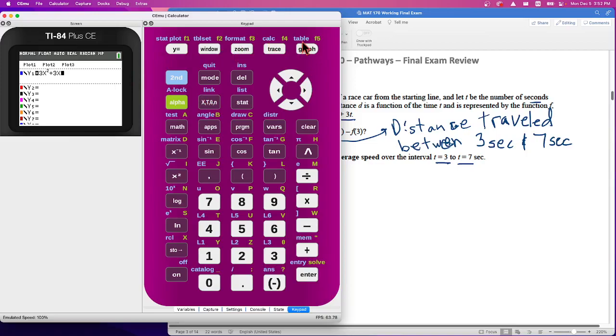What I'm going to do is take a look at the table. So second table, that's what comes up here. And I need to find out when, come down here when t is 3.